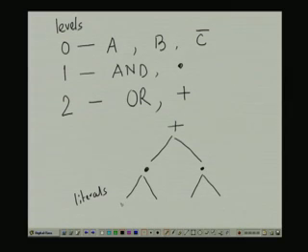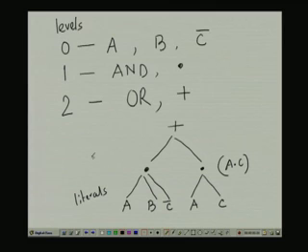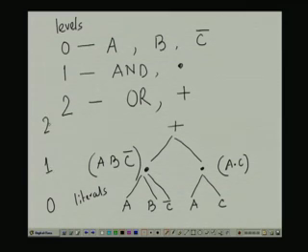Now, see here A, B, so I take another one, say C bar, and here I take say A, C. What will it represent at this level? This becomes A dot C. This becomes A, B, C bar. Now, this is in the 0th level, this is in the first level, and this is in the second level.